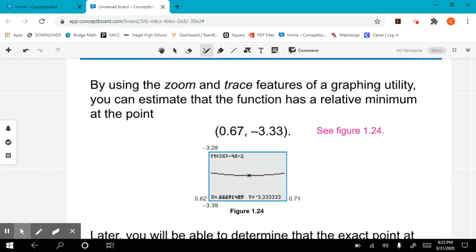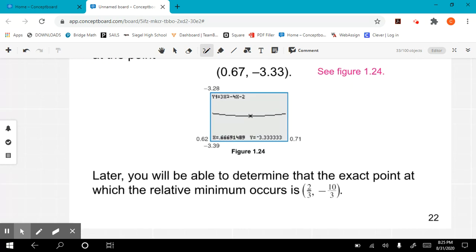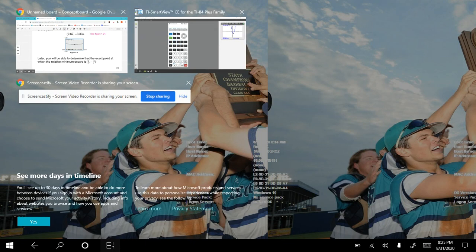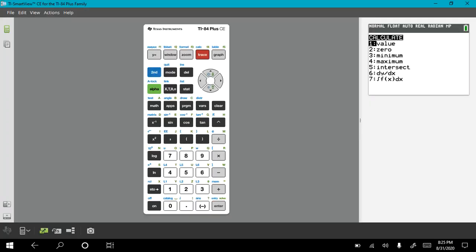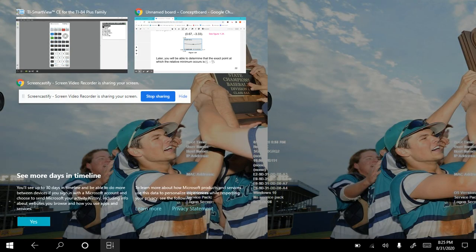They use zoom and trace. I think it's easier to go ahead and use your minimum like we did, and it gives us that point. There's no reason to trace and try to predict where the middle is. So I'm saying using that minimum point, which, if you remember, was second trace, you can find relative minimums and you can find relative maximums right there on our calculator.